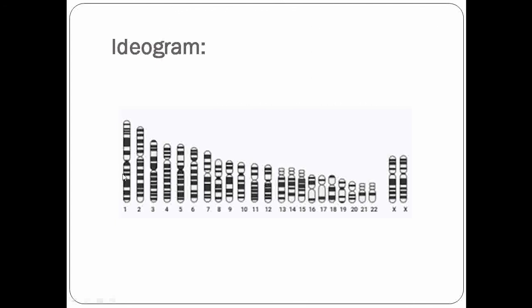First you have to take the length of the short arm, the length of the long arm, and you have to arrange them. Okay. And on the middle axis you have to draw the centromere also. So in this way you have to prepare the ideogram by observing the karyotype of the chromosomes. Okay. So in this way you have to perform that experiment.